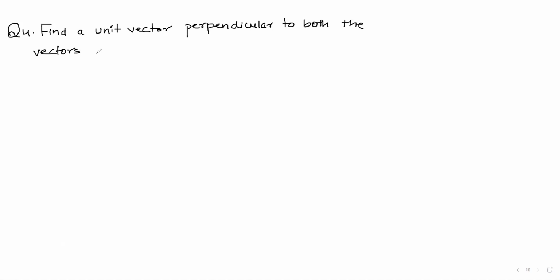Now next question, number 4. Find a unit vector perpendicular to both the vectors i cap minus 2j cap plus 3k cap and i cap plus 2j cap minus k cap.